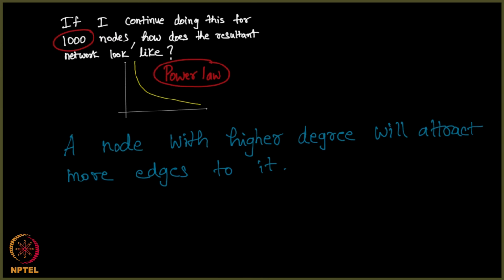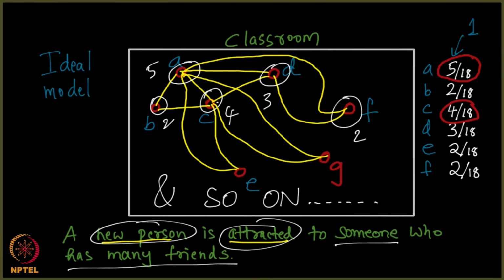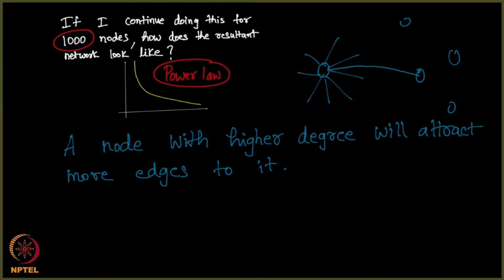Because a new node that comes will become friends with the existing node that already has high degree, because that's the protocol, that's the algorithm, right? So he will have many other options, but he will choose that node with a higher degree already. Correct? That is what we discussed here. Right. Correct. So a node with higher degree will attract more nodes to it.